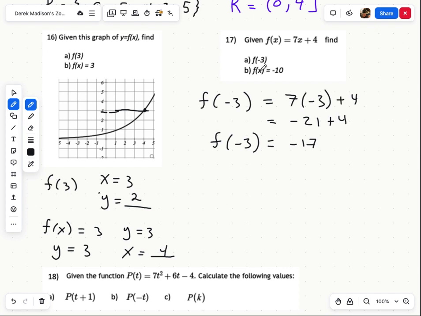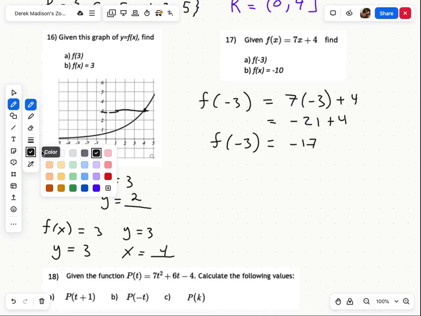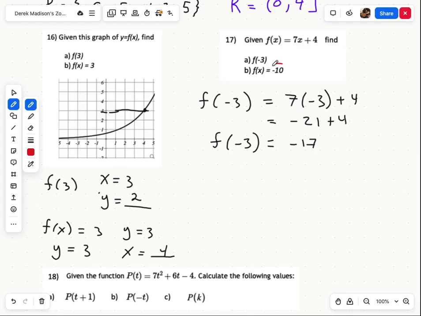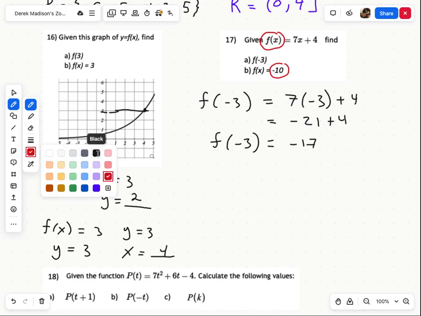For part B of this one, it's saying f of x equals -10. So for that, it's asking us to solve for what value of x makes this equation come out to -10. If you think of this as just a plain old substitution, since f of x equals -10, we're putting that in this side and we're solving for x.